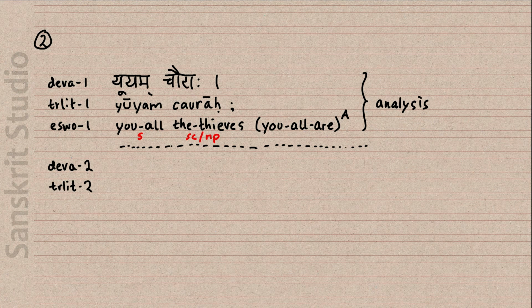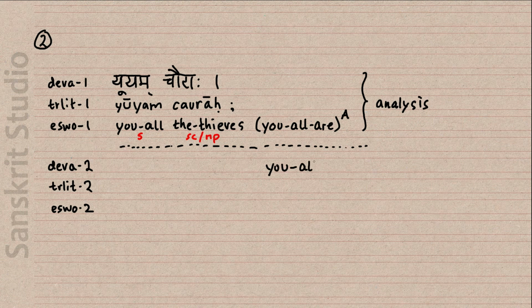Transliteration 2 and SWO 2, like that, and the first step always here is we do the verb first. So our goal is to make this into a verbal type of sentence, so we just skip the parentheses.